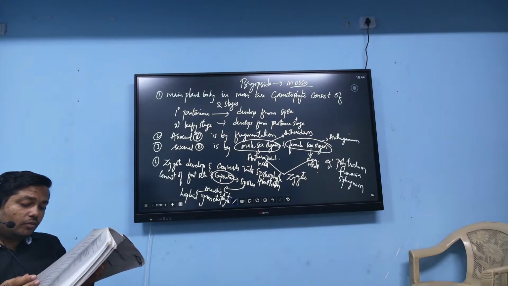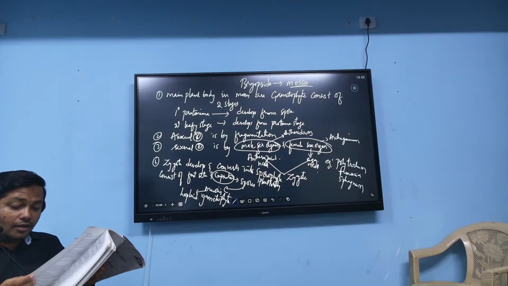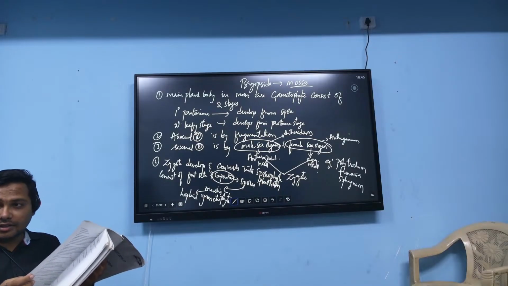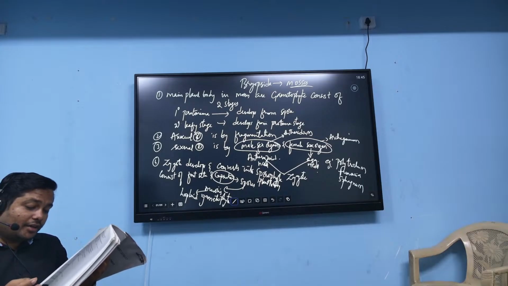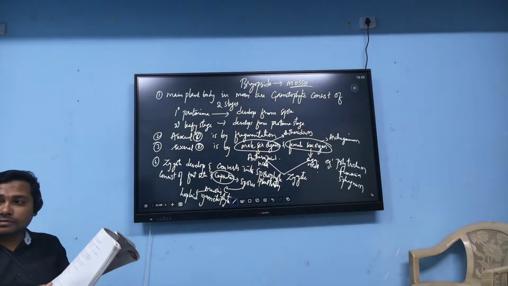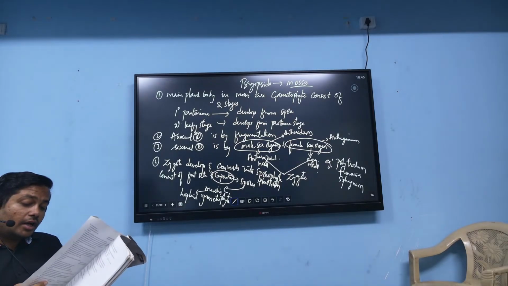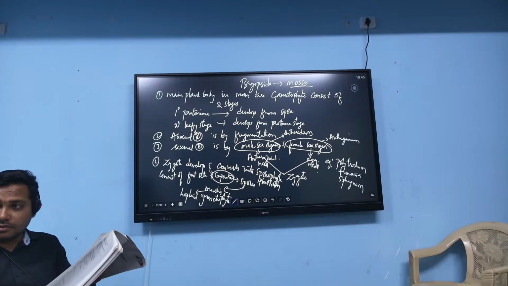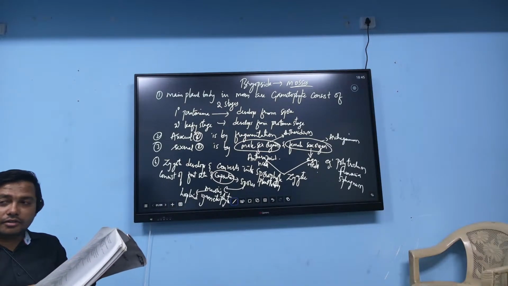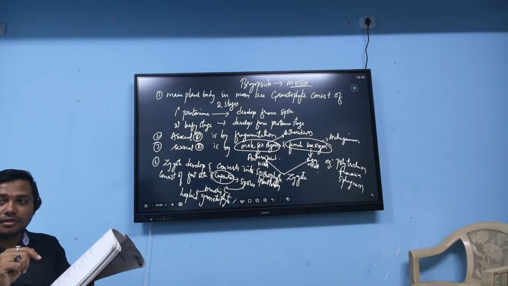Option A, oogonium and antheridium. Option B, antheridium and oogonium. Option C, archegonium and antheridium. Option D, none of the above are correct. See the question: male and female sex organs of bryophyte.